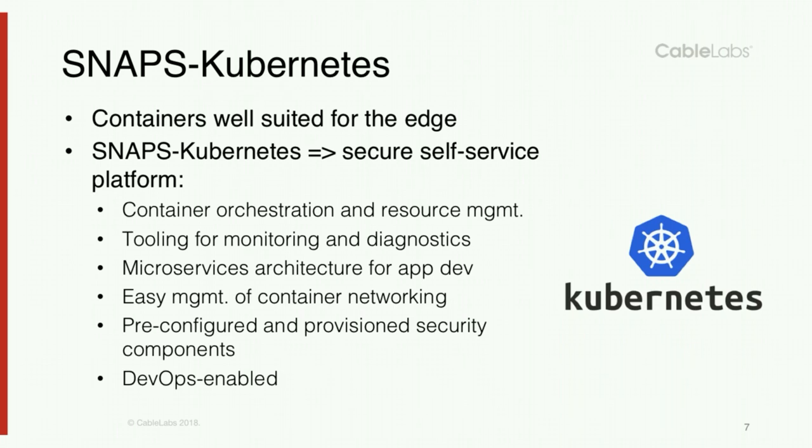SNAPS-Kubernetes deals with the Kubernetes container orchestration engine. We talked about Kubernetes in a previous chapter in some depth: when you have an order of magnitude more instances with containers, because they're such a light footprint, they're more ephemeral than virtual machines, you really need a very sophisticated orchestration and management engine, and that's exactly what Kubernetes is.